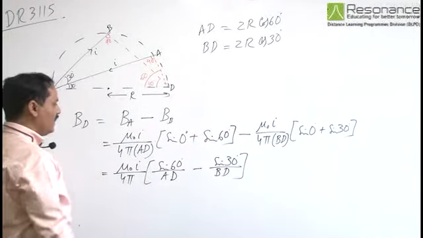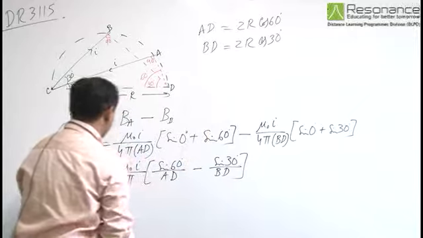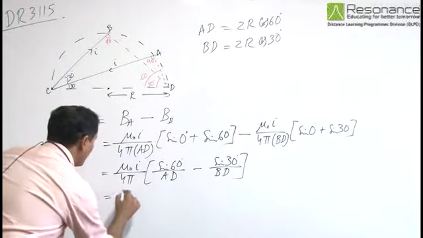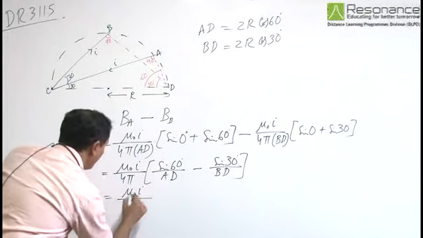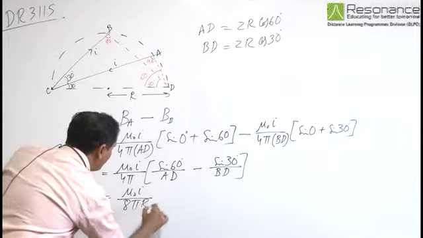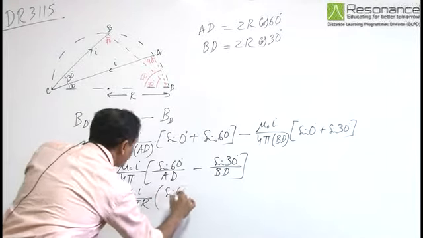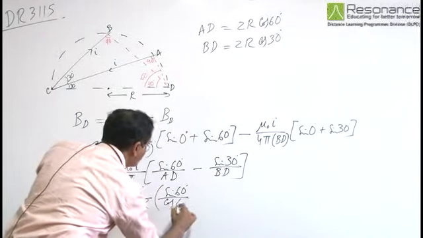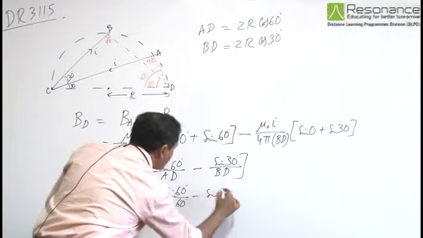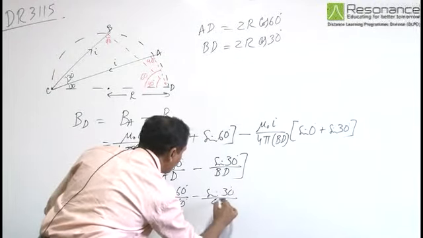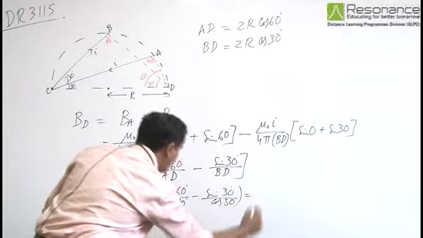So if we put the values of AD and BD, we can write mu naught I by 8 pi R, sin 60 by cos 60 minus sin 30 by cos 30.